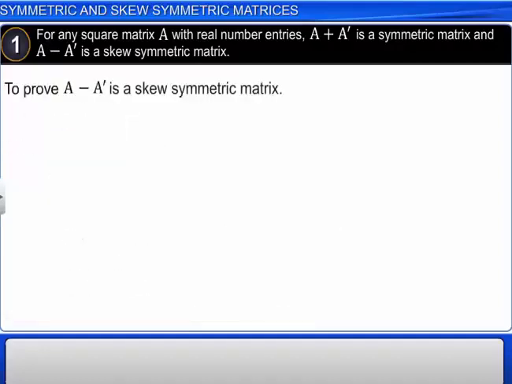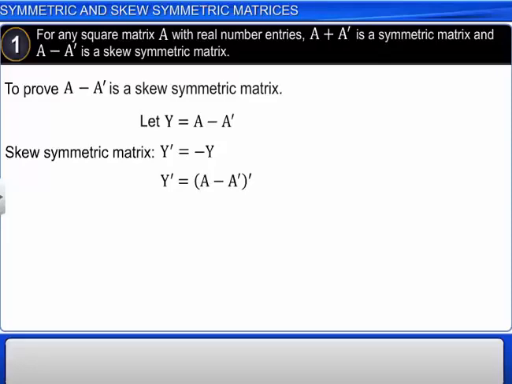Similarly, we can prove that A minus A transpose is a skew symmetric matrix. Let us denote this matrix with Y. If Y is a skew symmetric matrix, then Y transpose is equal to the negative of matrix Y. Let's substitute A minus A transpose in place of Y in Y transpose.